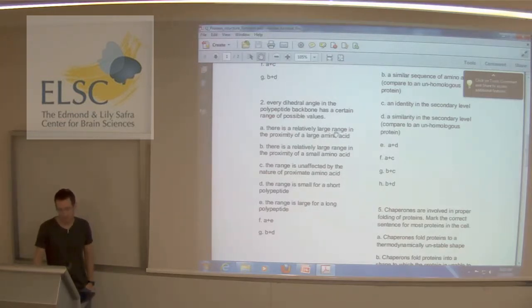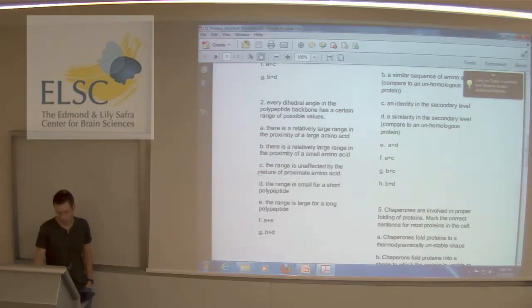There's a relatively large range in the proximity of a large amino acid. Is this sentence correct or not? It's incorrect. If at all, it's the opposite, right? B, there is a relatively large range in the proximity of small amino acids. So this is correct, in principle, hypothetically, and all that, but still this is the most correct sentence.